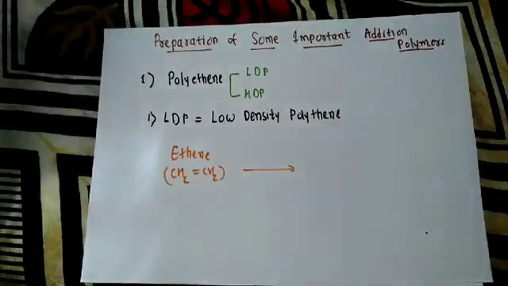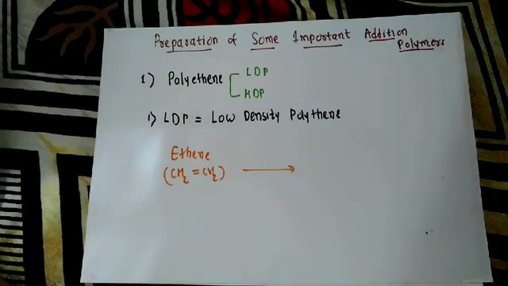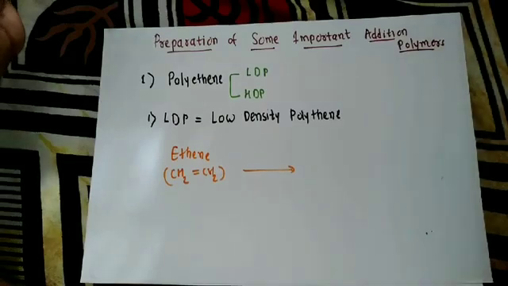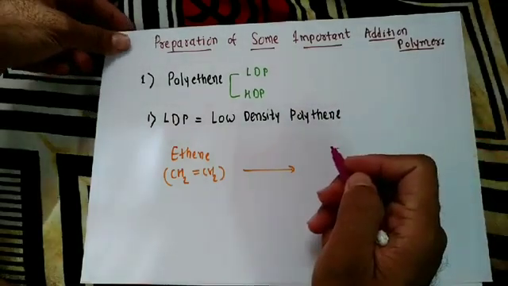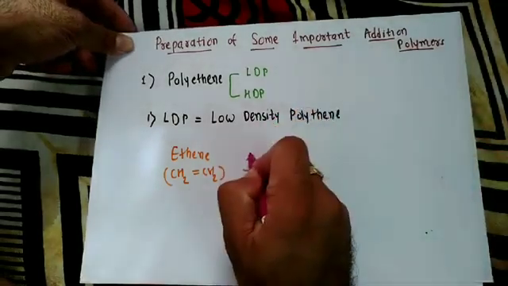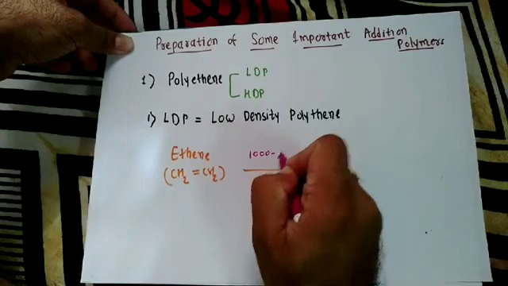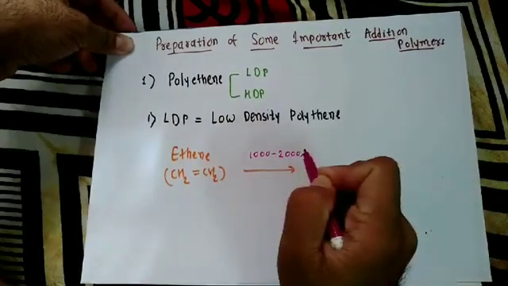What are the conditions by which ethene can be converted into polythene? High pressure should be provided, 1000 to 2000 atmospheric pressure.